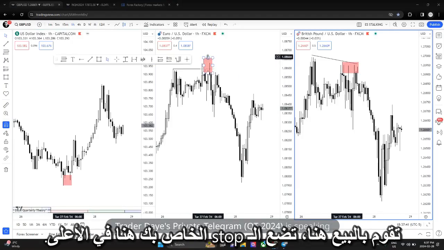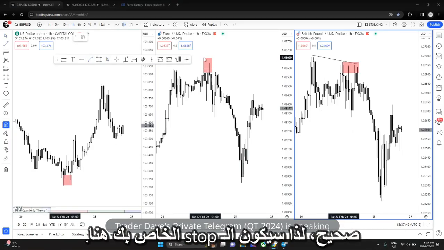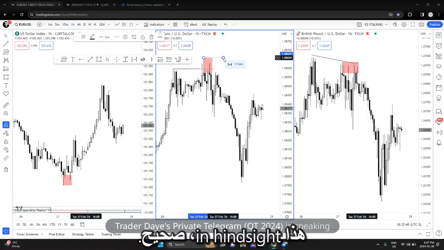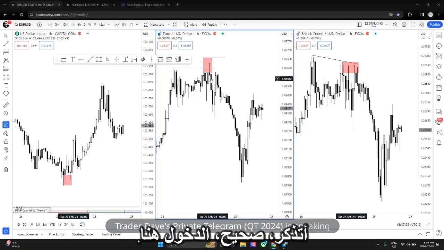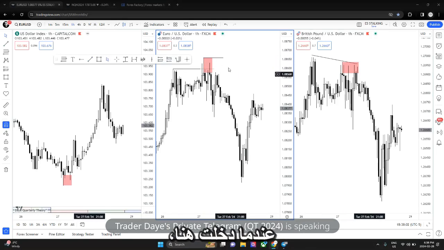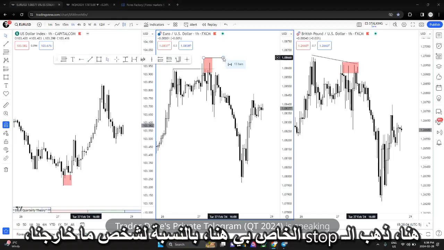You short here, put your stop above, right? So your stop would be here. Remember, we talked about this before. This is in hindsight, right? So I remember entering here, and I did post my executions as well. Anyways, when I entered around here, my stop went here.